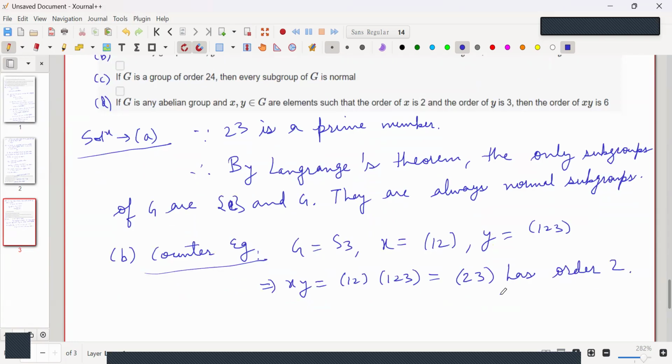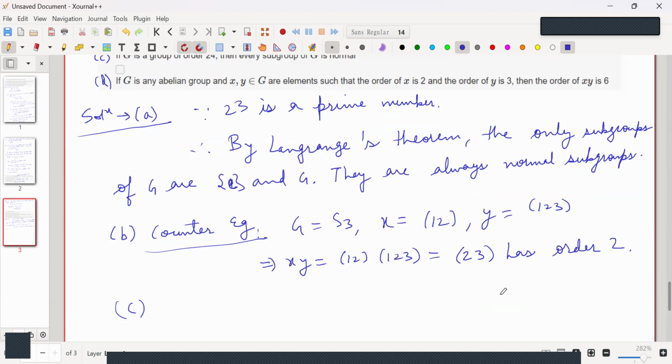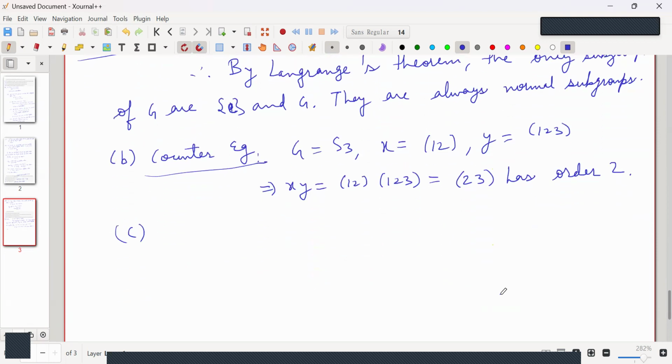What about C? G is a group of order 24, then every subgroup of G is normal. Not true. Counterexample: consider S4. Take the identity and (1 2); this is not a normal subgroup.